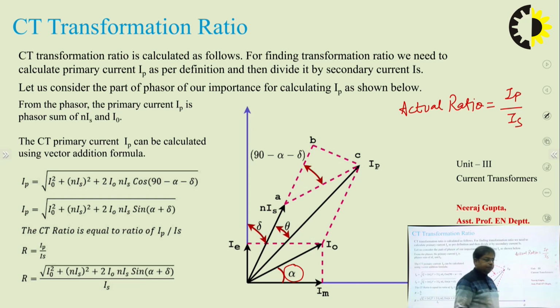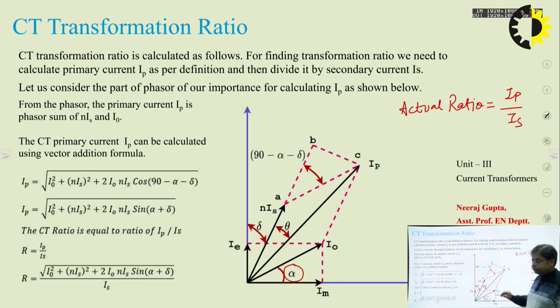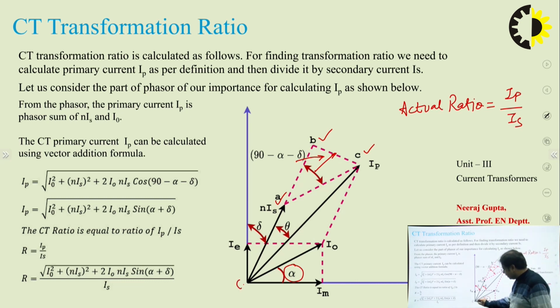If we extend these lines to a point B and draw a right angle triangle like this, this angle will be 90 minus alpha minus delta. And we consider this triangle A, B and C. This we are considering as O, the origin point.